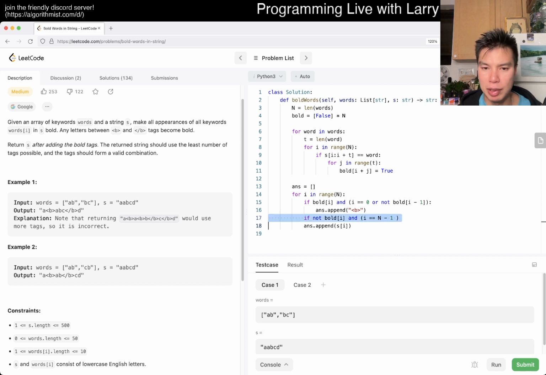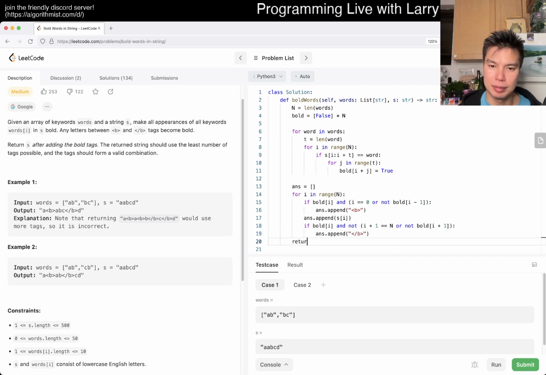No, maybe I have to phrase it a little bit differently. So if bold sub i and not bold sub i plus 1, or i plus 1 is equal to n, then append.